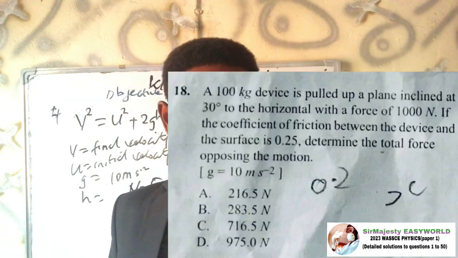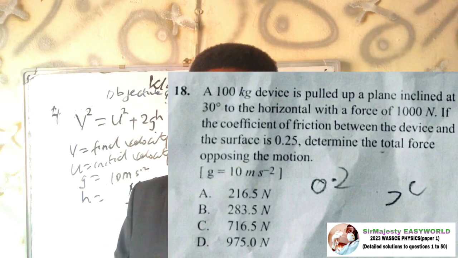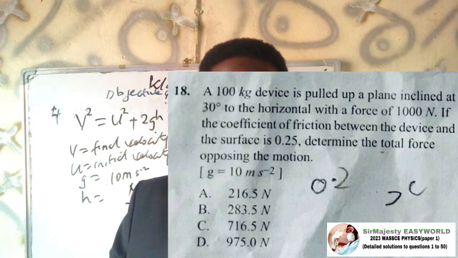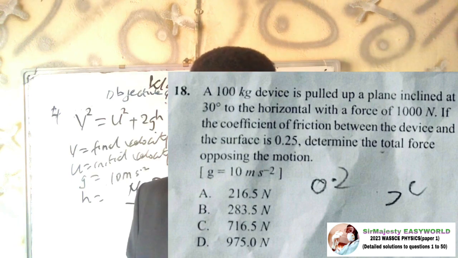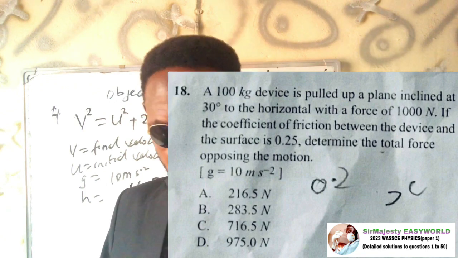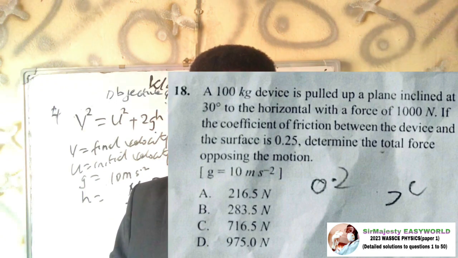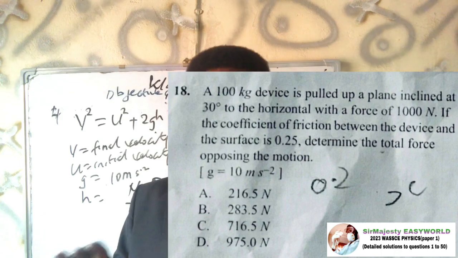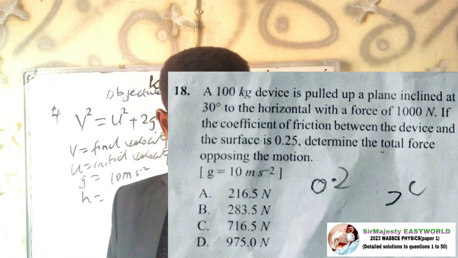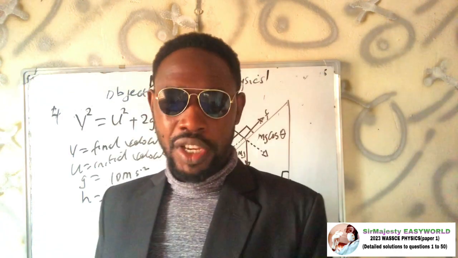So now a 100 kg device is pulled up a plane inclined at 30 degrees to the horizontal with a force of 1000 Newton. If the coefficient of friction between the device and the surface is 0.25, determine the total force opposing the motion.